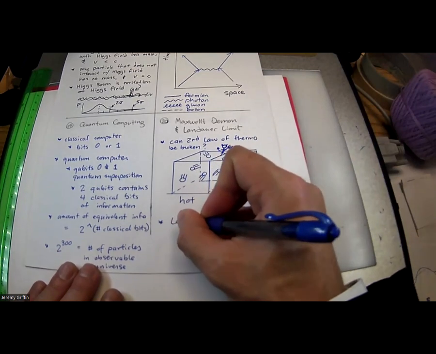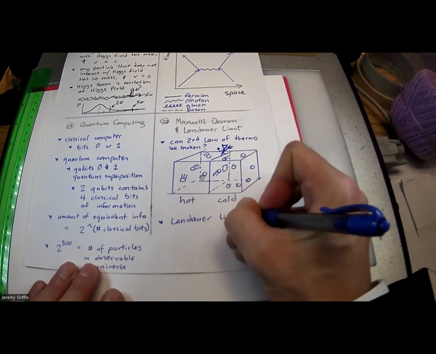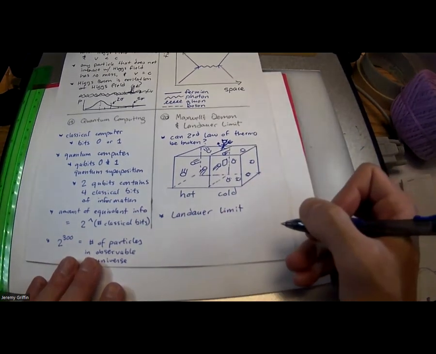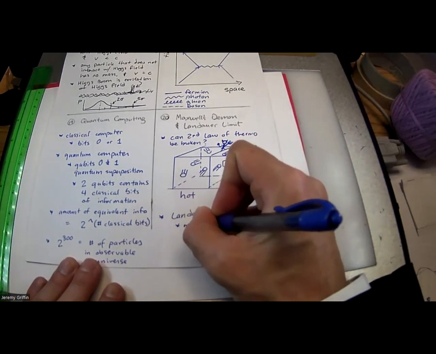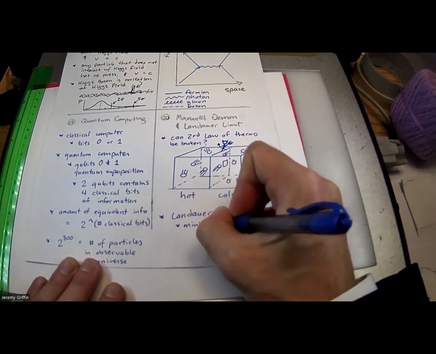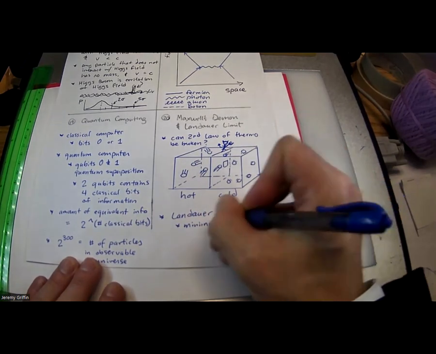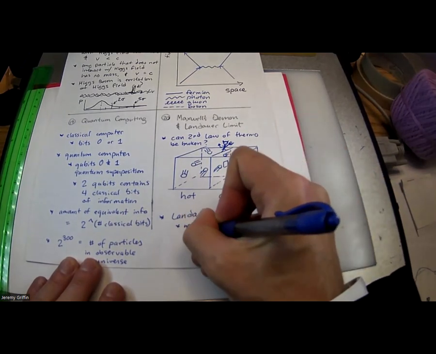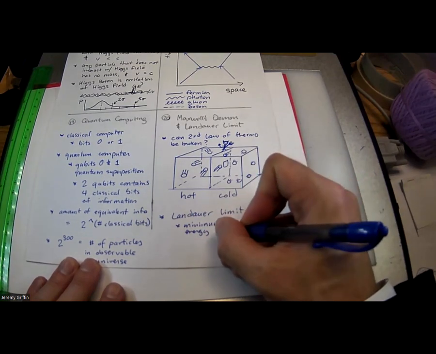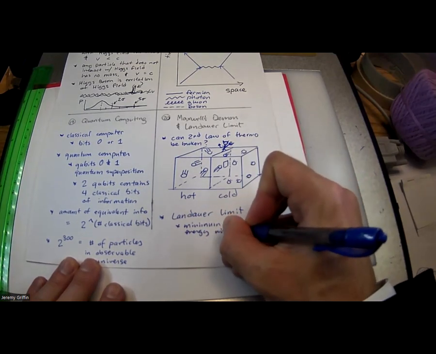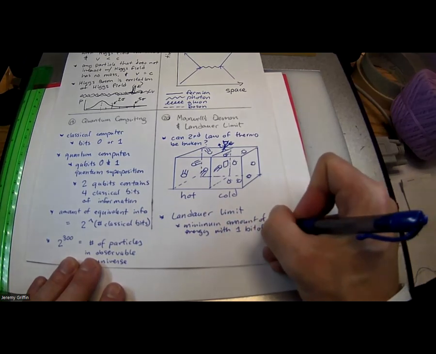And this gets to the idea about the Landauer limit. Okay. So the Landauer limit is that there is a minimum amount of energy associated with, I'll say, 1 bit of information.